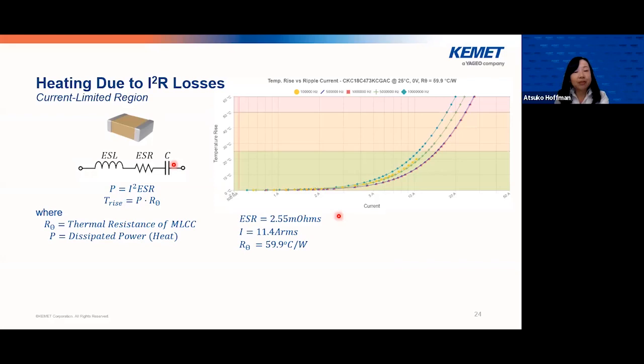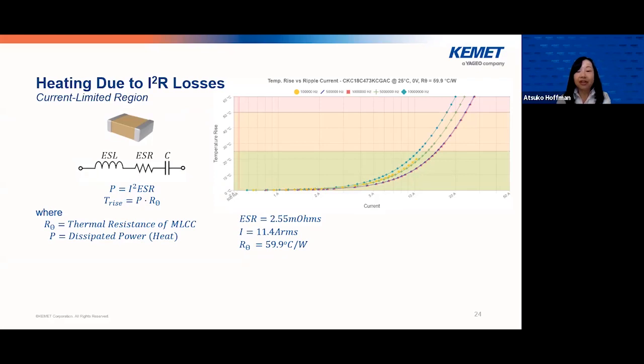For example, for this part type, ESR is 2.55 milliohms, and we're putting 11.4 amps RMS current into the part, and the thermal resistance, theta, of this part is 59.9 degrees C per watt. You can get the thermal resistance value from the plot right here.